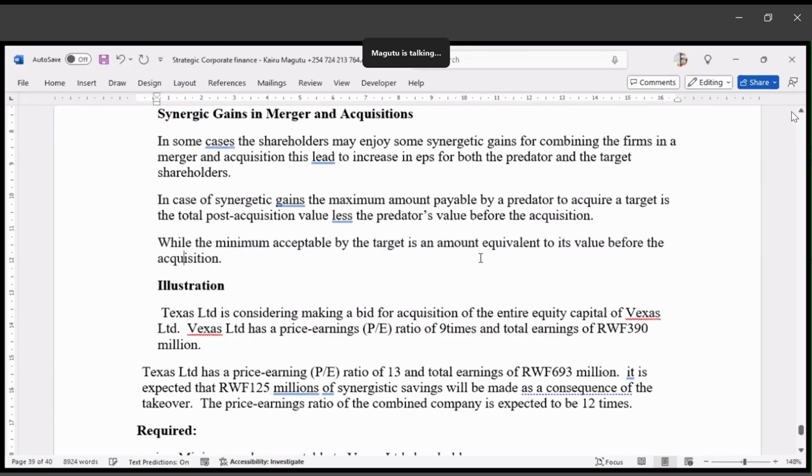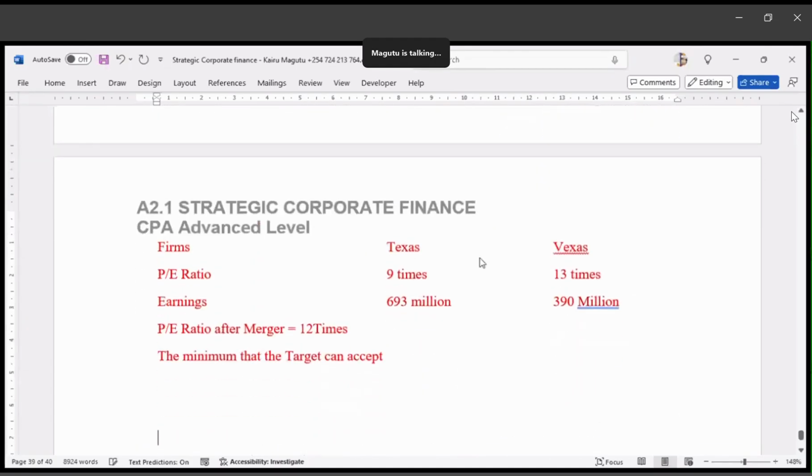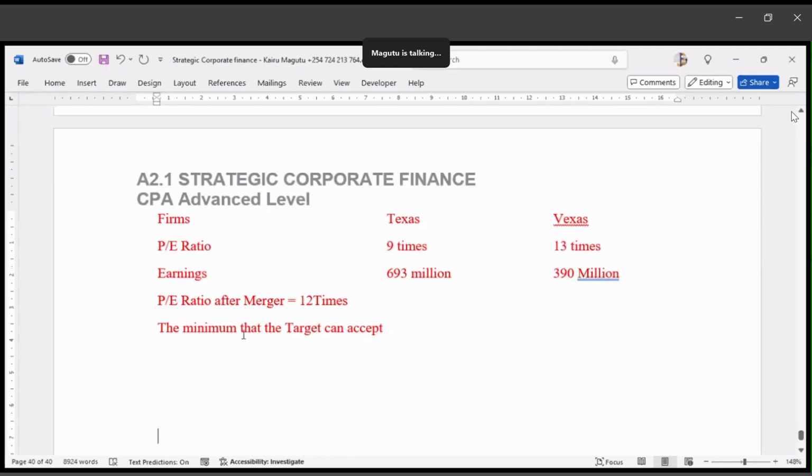So the minimum that the target can accept should be its value before acquisition.